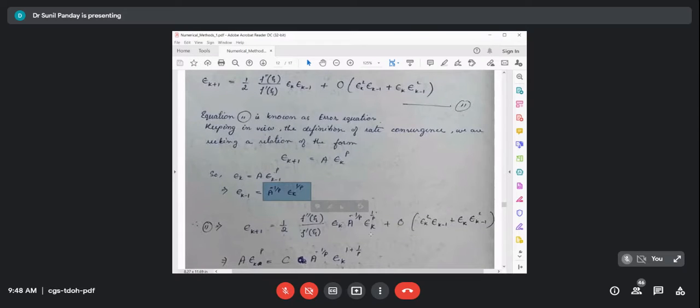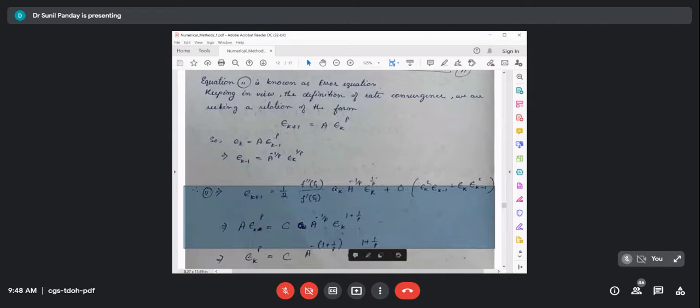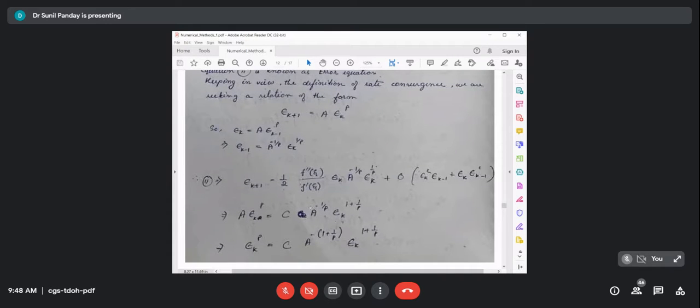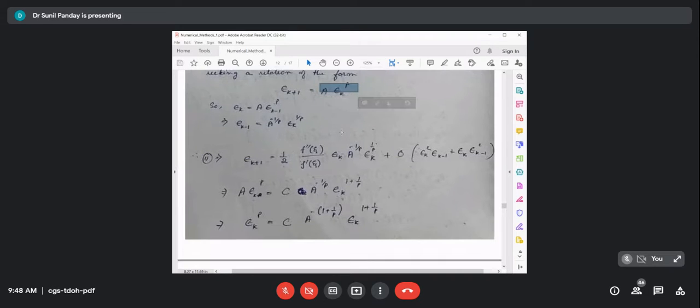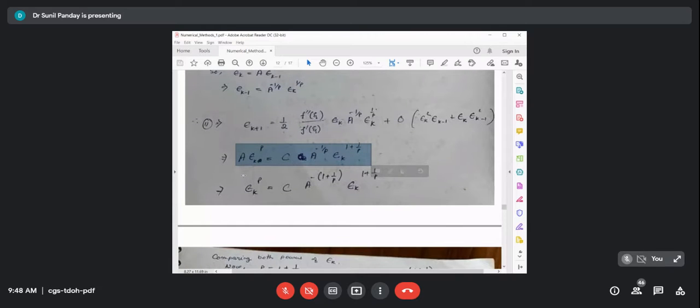So after substituting, we will get this one. And here we can simplify epsilon k raised to power 1 plus 1 upon p, and a raised to power 1 minus 1 upon p. And this epsilon k plus 1 is also replaced by a epsilon k raised to power p. So we have this one, and then finally we have this one.